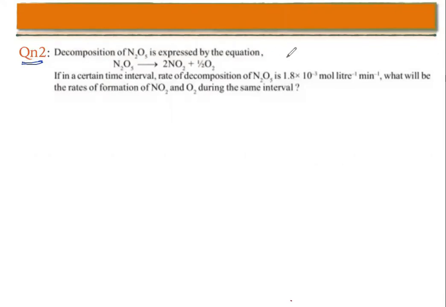Decomposition of N2O5 is expressed with this equation. In a certain time interval, rate of decomposition of N2O5 is given as 1.8 into 10 to the power minus 3 mole per liter per minute. What will be the rate of formation of NO2 and O2 during the same interval? So to solve this question, first we have to write the rate of reaction.